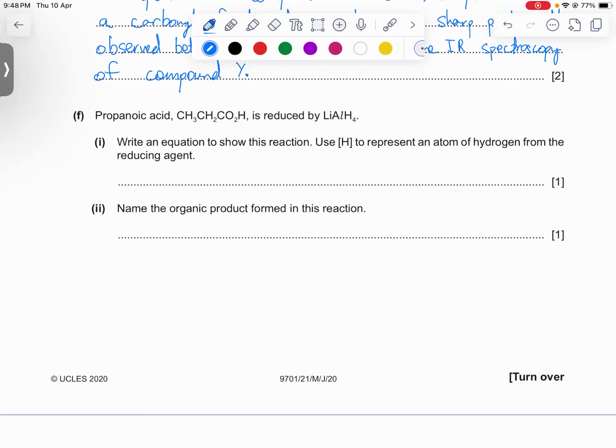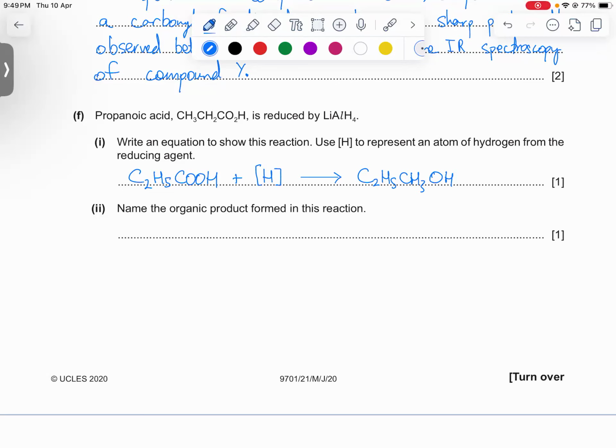Okay, so we are going to write C2H5COOH. Okay, this is propanoic acid. When it reacts with hydrogen, it reduces all the way down to alcohol, and the alcohol is C2H5CH2OH. Basically, the end part has been reduced all the way down.